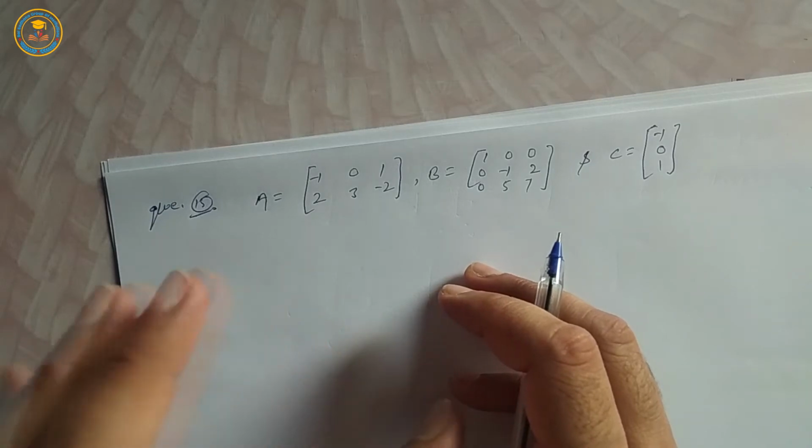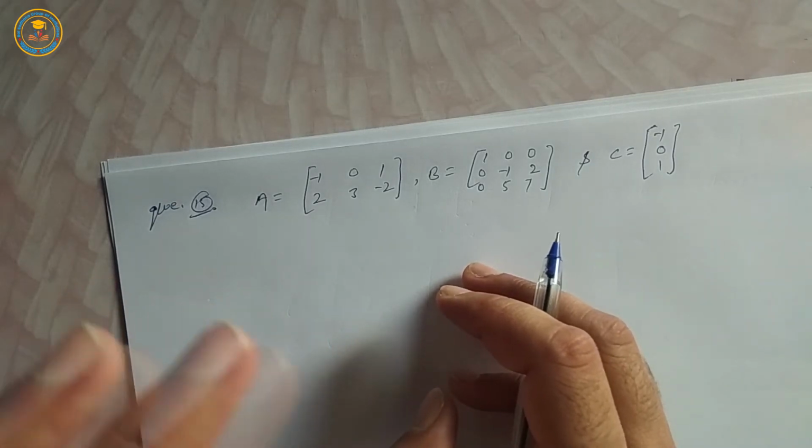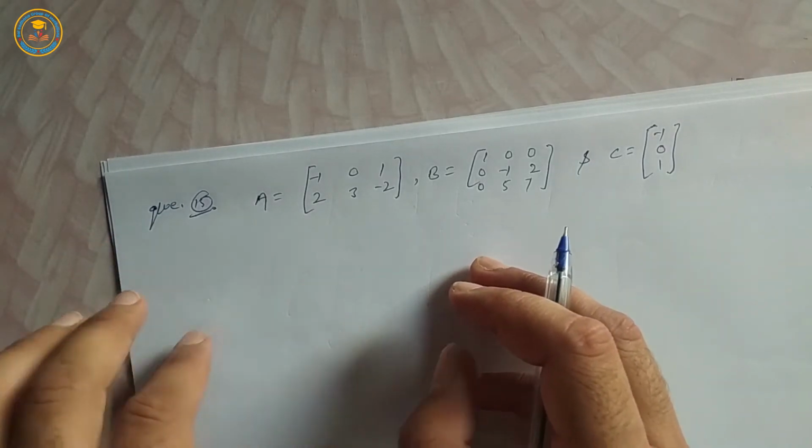Then find the elements of the first row of matrix ABC.